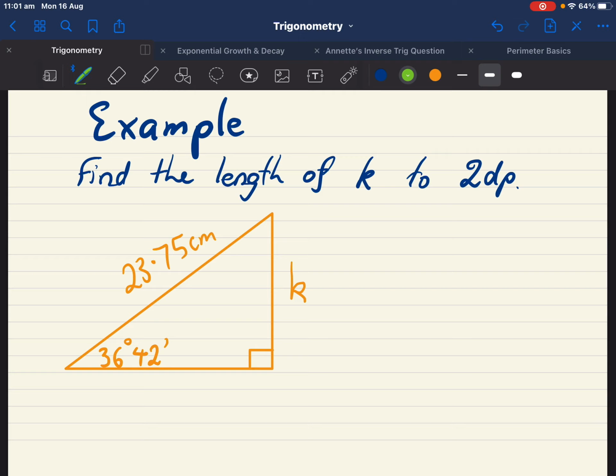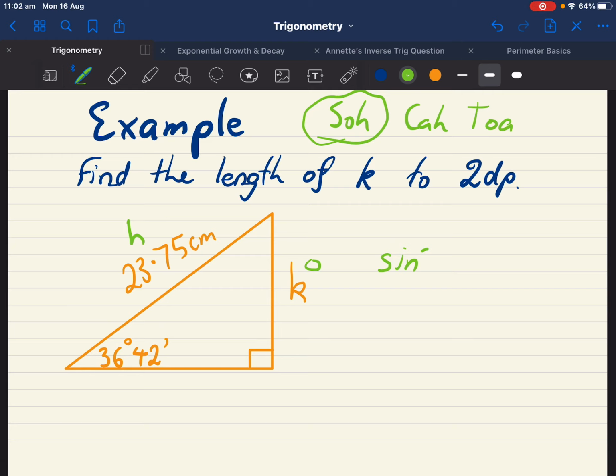First step, label your sides. We have hypotenuse here and opposite here. Once you've labeled the sides, then work out which trig ratio we need to use. O and H belong with sine. So this is a sine question. So we write out second step, our trig ratio.